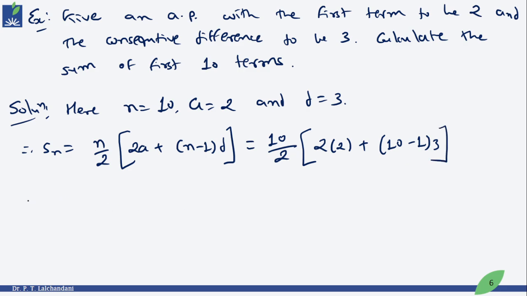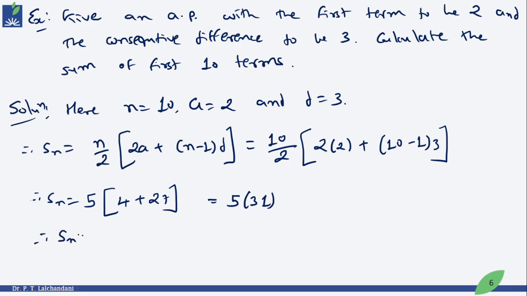Let us simplify. 10 by 2 is 5. 2 into 2 is 4, plus 10 minus 1, that is 9, 9 into 3 is 27. So this is equal to 5 multiplied by 31, which is equal to 155.